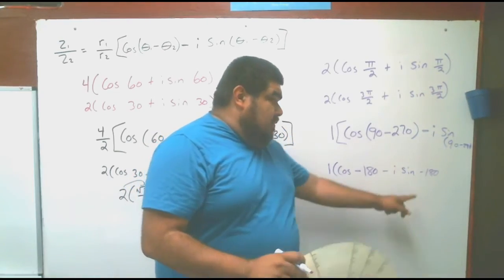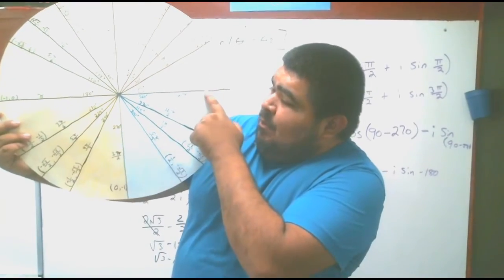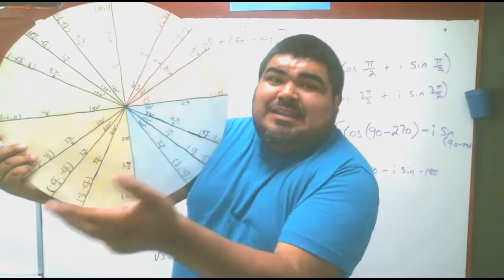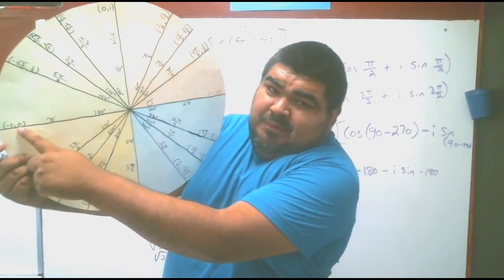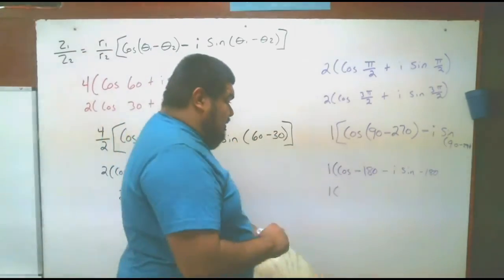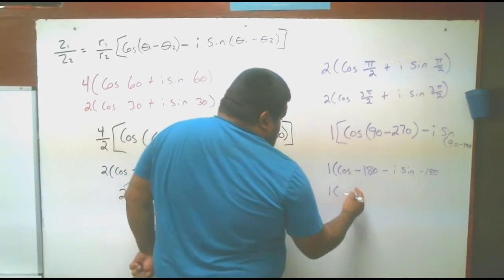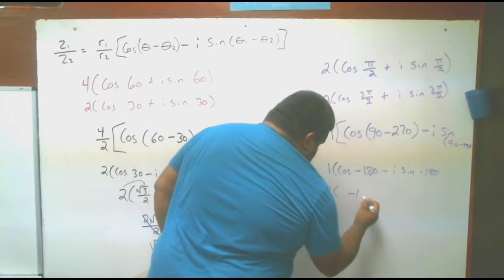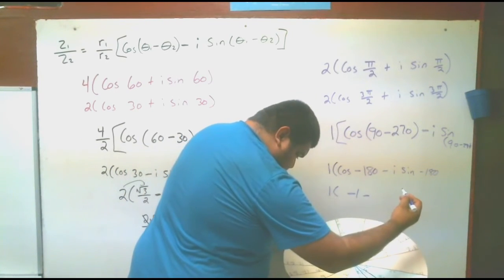In this case, since we're dealing with the negative, we're dealing with 360, and then we go backwards to 180. Technically, it's still the same, right? Because 180 is halfway. So technically, it's still negative 1 and 0, as cosine and sine. So we have cosine is negative 1 minus 0i, right? Yep.